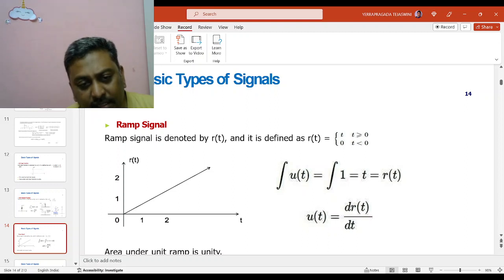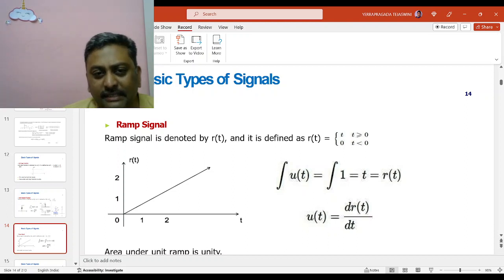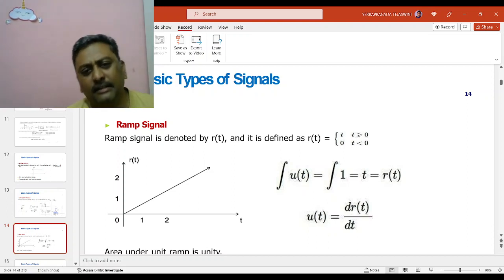At 1 it would have a value of 1, at 2 a value of 2, and at 3 a value of 3. Likewise, if the time increases, the value of the ramp signal increases, which is why this particular signal is called a ramp. That means the value increases continuously with respect to time.